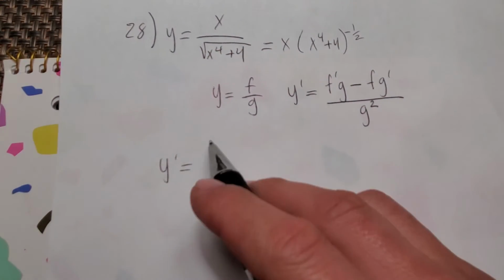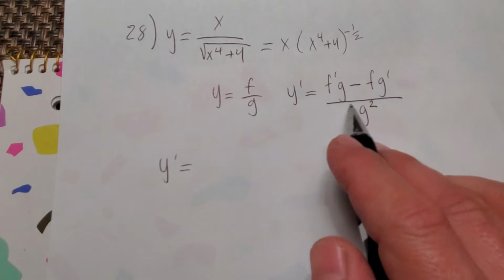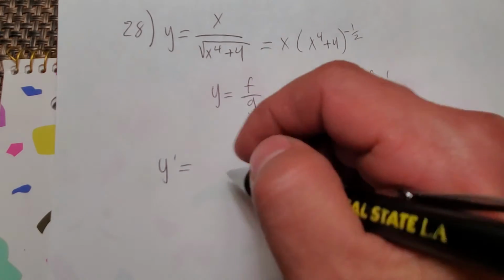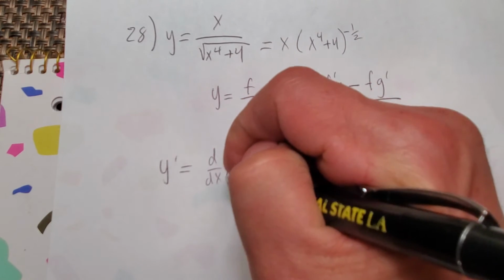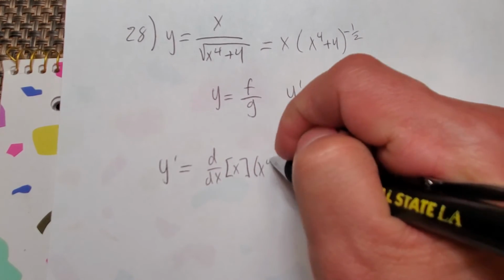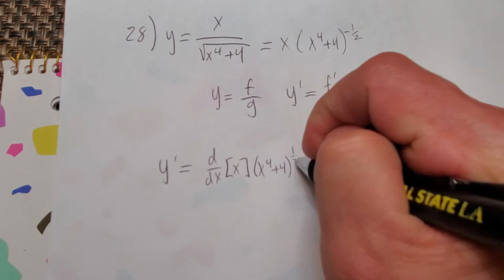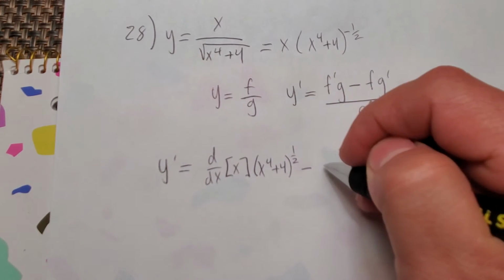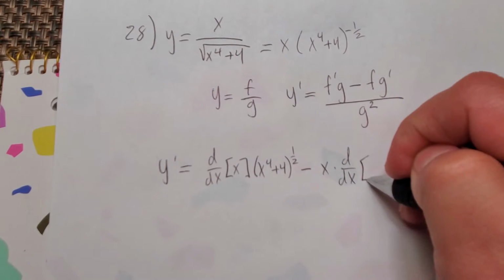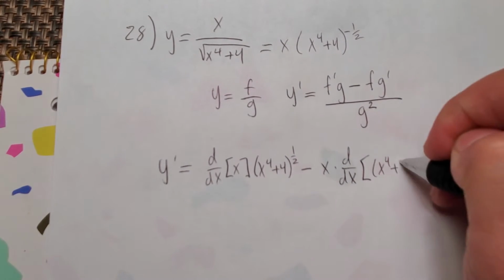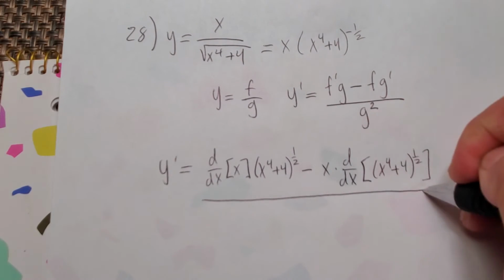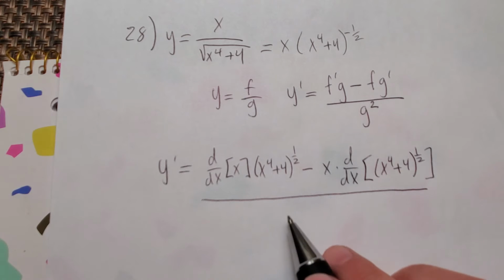So in order to find the derivative of our function, we follow this recipe here. So we take the derivative of the numerator times the denominator minus the numerator times the derivative of the denominator all over the denominator squared.